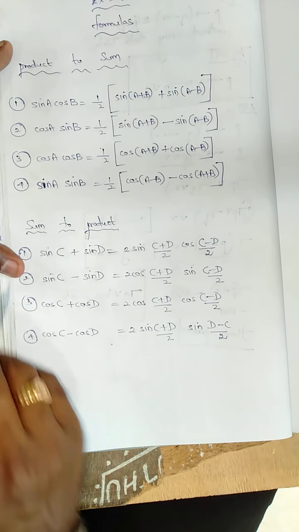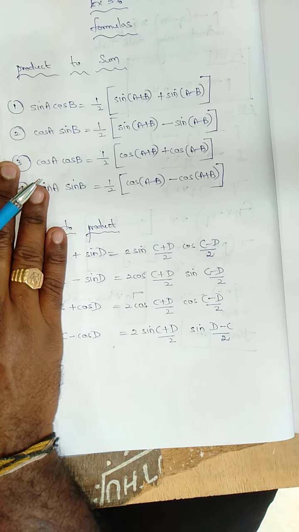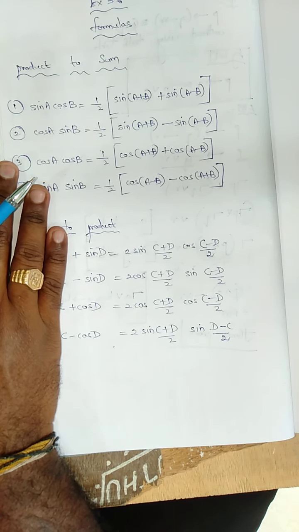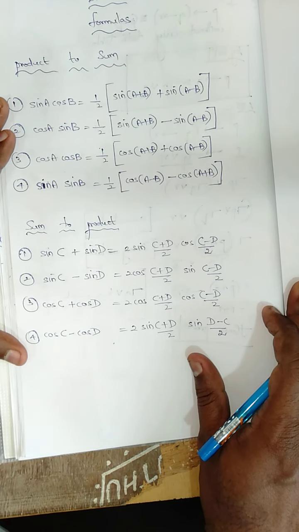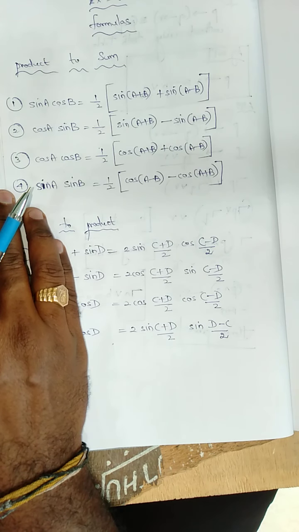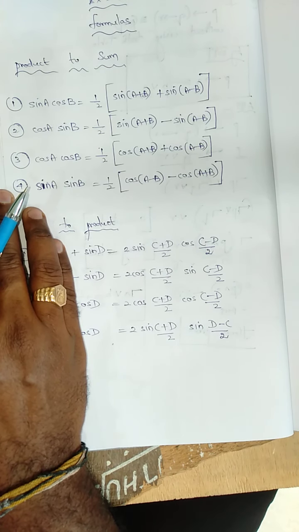Next, one important thing: you need to learn this from the example sums themselves. If not, memorize this formula also. Before learning the formula, I will teach you the identities, which are important for a few sums.